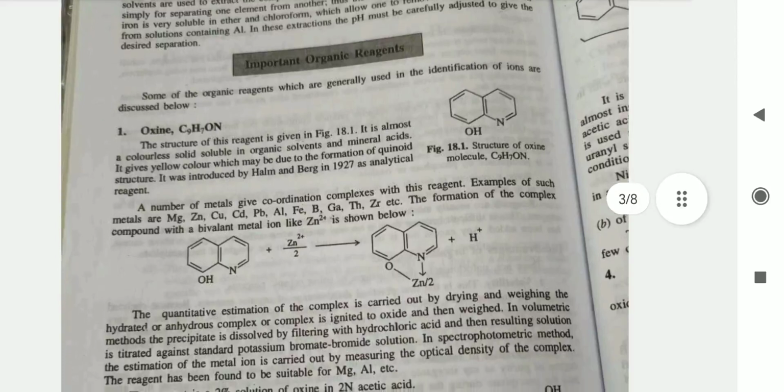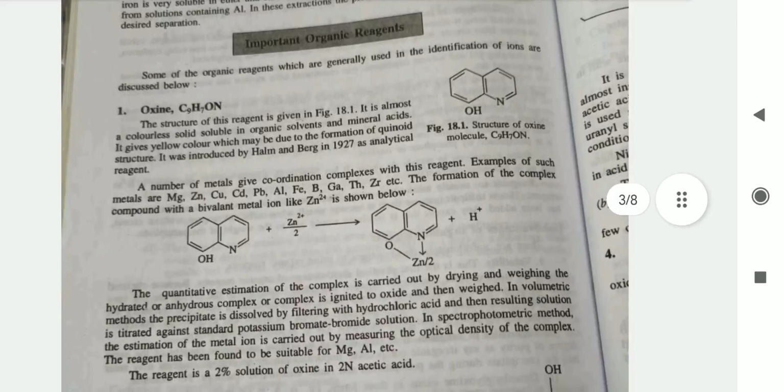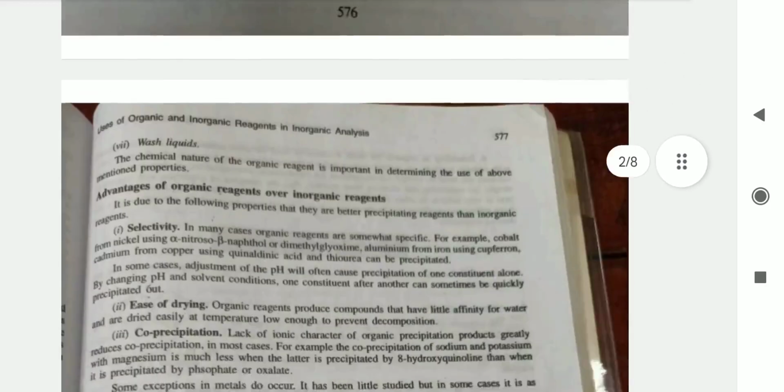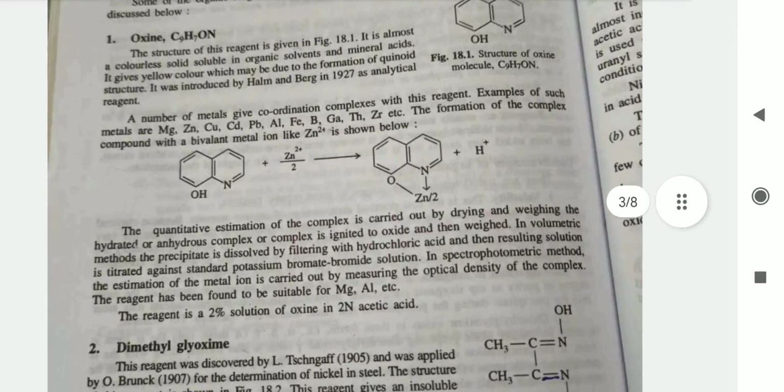A number of metals give coordination complexes with this reagent. Examples of such metals are magnesium, zinc, copper, cadmium, lead, aluminium, iron, boron, gallium, thallium, zirconium, etc. The formation of the complex compound with a bivalent metal ion like Zn2+ is shown below.